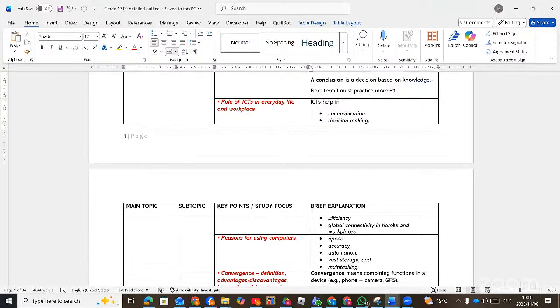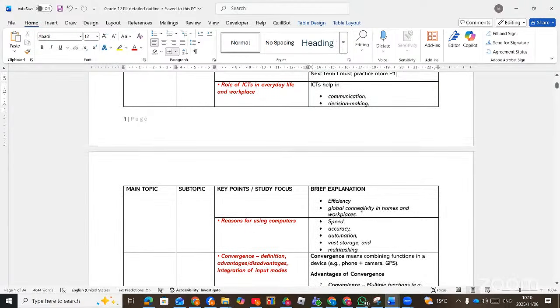So they can ask you to give one or two roles ICT plays in our daily life. For instance, communication becomes easier. You can talk to anybody regardless of the location. You can make a lot of decisions based on ICT, global connectivity in homes and workplaces. And many more. You can talk about so many things, not limited to this, but you need to know at least two of them.